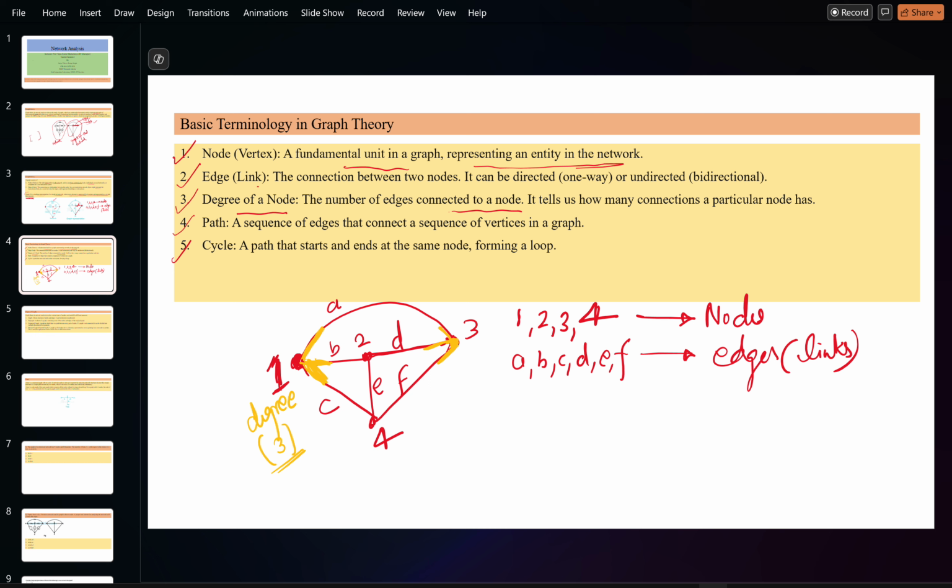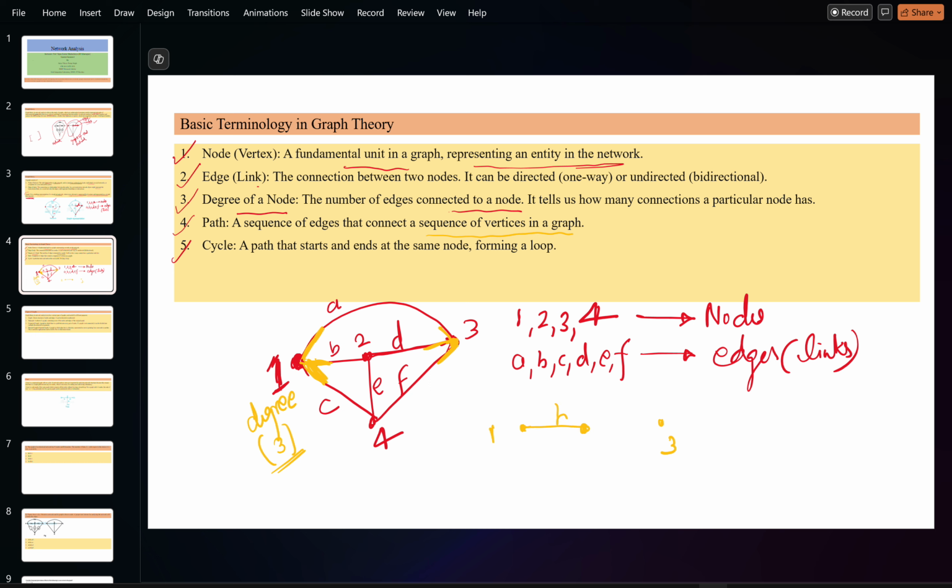What about the path? A path is a sequence of edges that connects a sequence of vertices in the network. Suppose I wanted to go from node 1 to node 3. There are two paths.